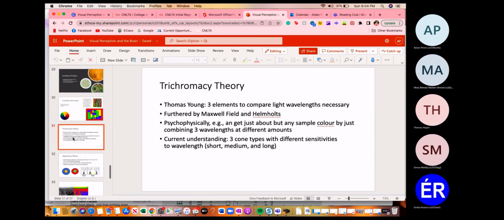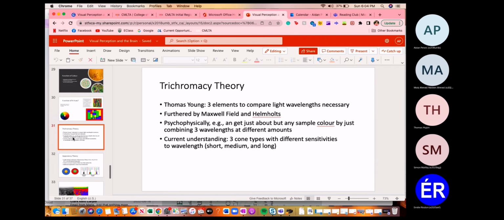So, for example, one reason that led these thinkers to suggest the trichromacy theory, and that there must be three receptors, is that you can get any color you want by just mixing different degrees of three wavelengths of light: short, medium, and long.